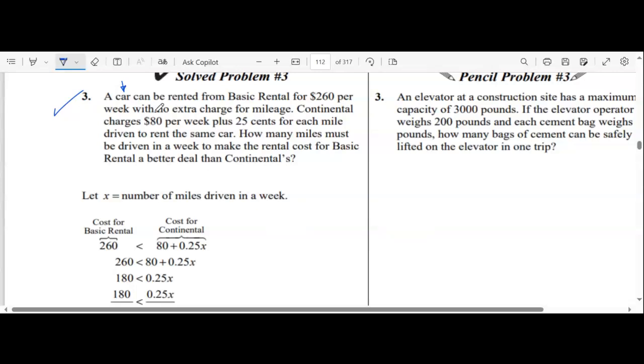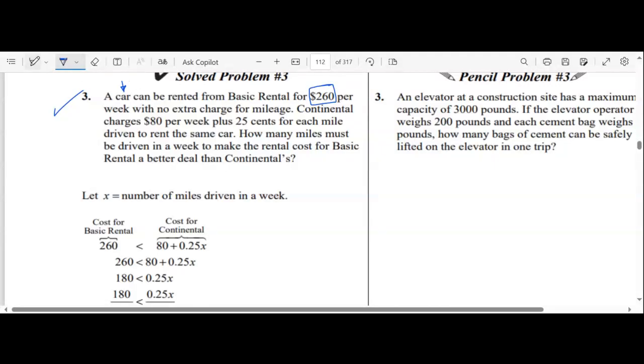So once again, a car can be rented from Basic Rental for how much? $260 per week with no extra charge for mileage. You understand this? Continental charges $80 per week plus 25 cents for each mile driven to rent the same car. So you have two options.